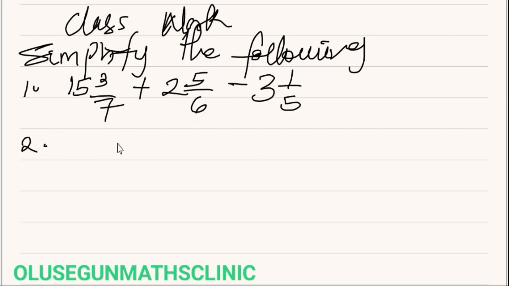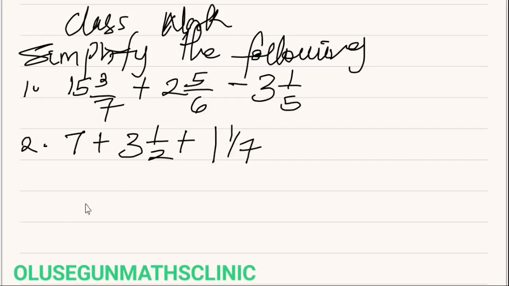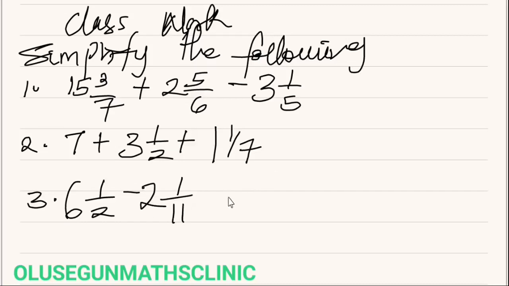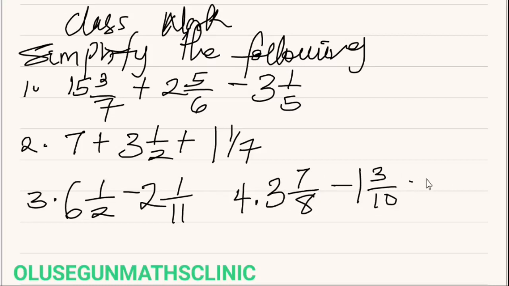Also have this, number 2, 7 plus 3 number 1 over 2 plus 1 over 7. Number 3, 6 number 1 over 2 minus 2 number 1 over 11. Number 4, 3 number 7 over 8 minus 1 number 3 over 10 minus 1 number 13 over 24.